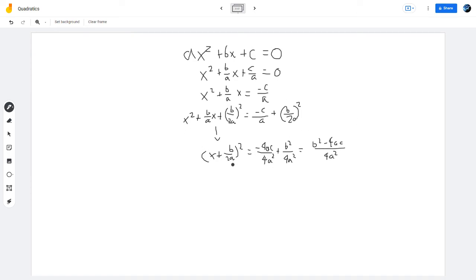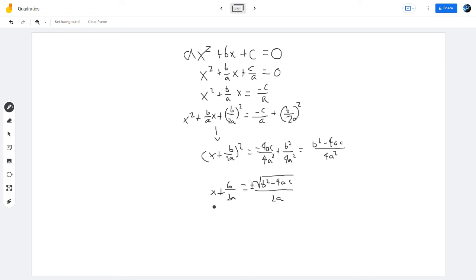And if we square root both sides, we're going to have x plus b over 2a is going to be equal to the square root of b squared minus 4ac over 2a, plus or minus. Always remember the plus or minus.